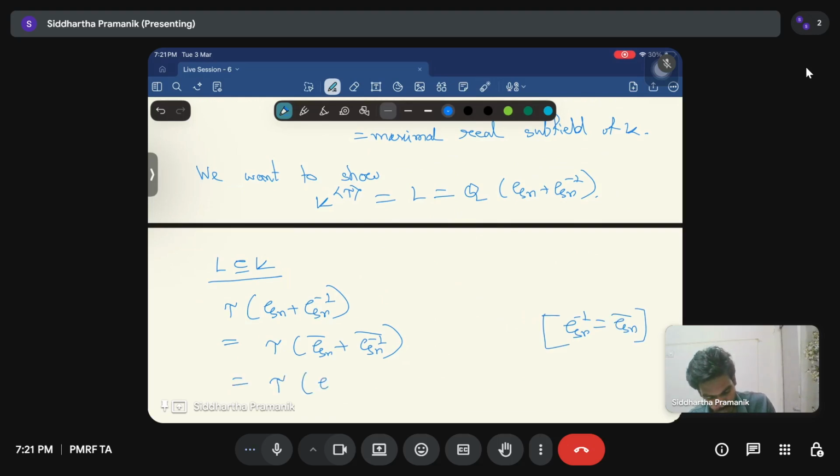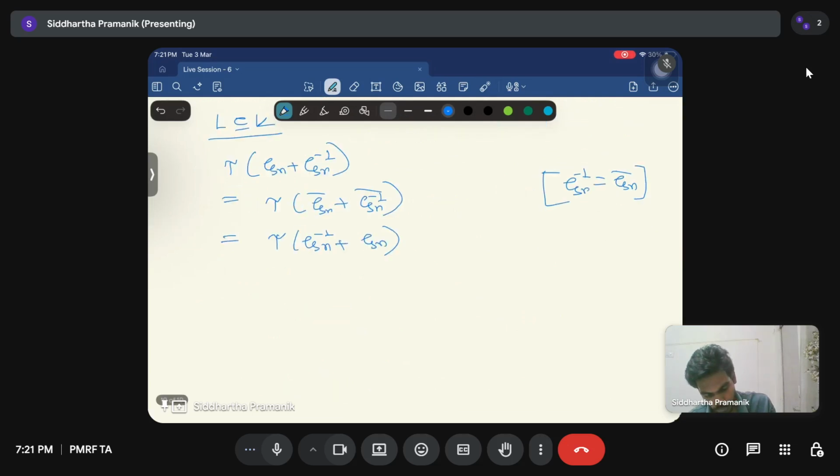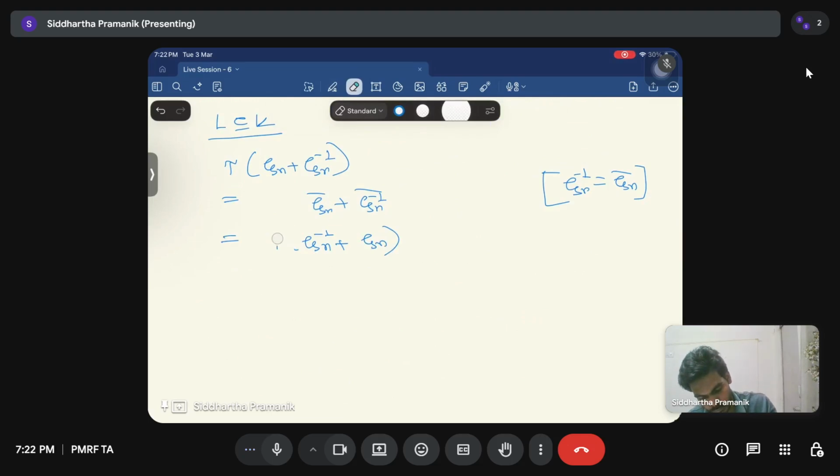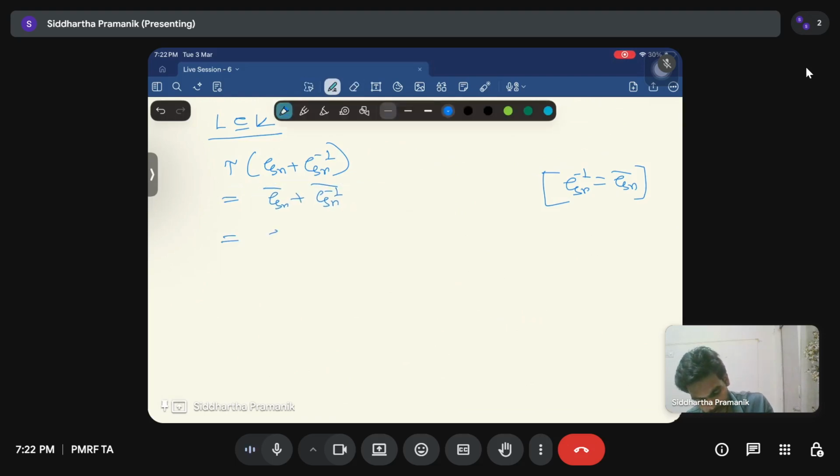So this is zeta n inverse plus zeta n, and this is the same as zeta n inverse plus zeta n.